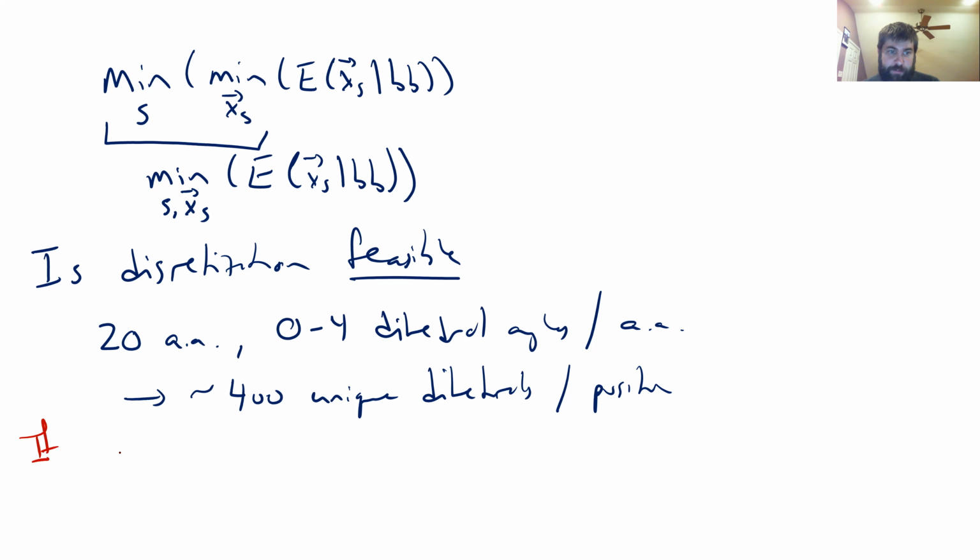If we sample, say, every 10 degrees, this means that the space 0 to 360 means that we end up with 36 unique choices per dihedral.